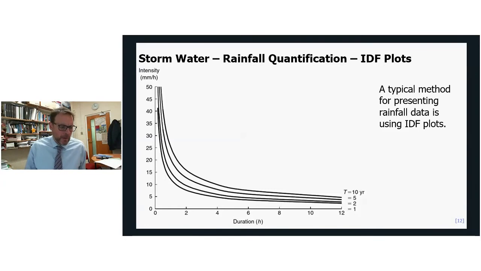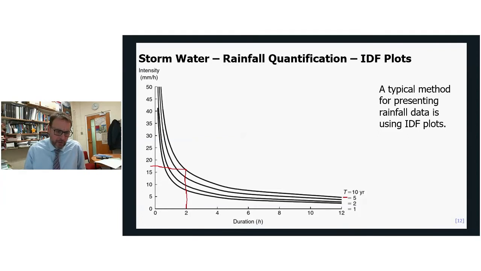So if we're looking at a 10-year event, the top curve, and let's look at the 2-hour duration 10-year event, that tells us that the average intensity is somewhere between 15 and 20 millimetres per hour, and it's going to remain like that for 2 hours.